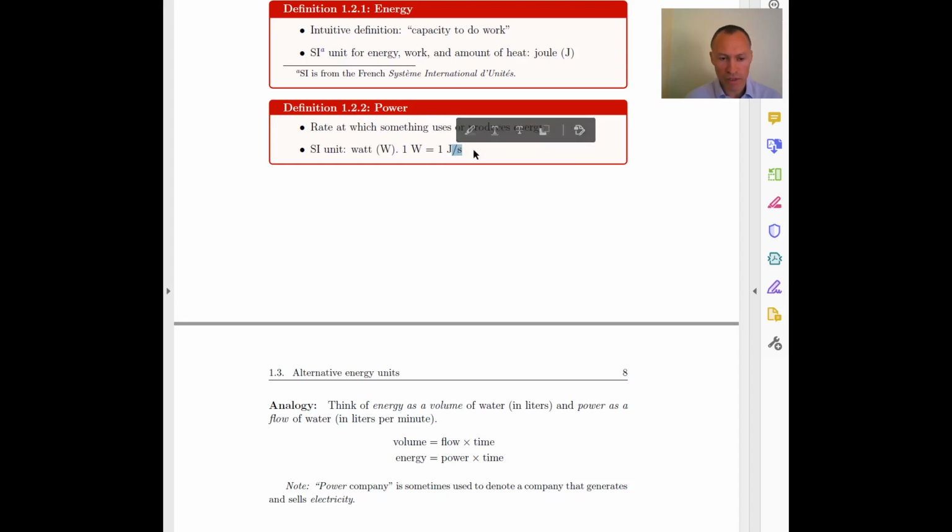This is seconds, so if I multiply by number of seconds, this would cancel, and I would be left with joules, with energy. So if I multiply power, watts, by time, the time cancels and I'm left with energy.